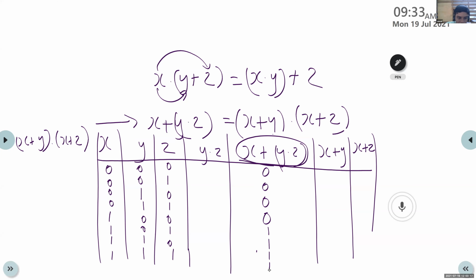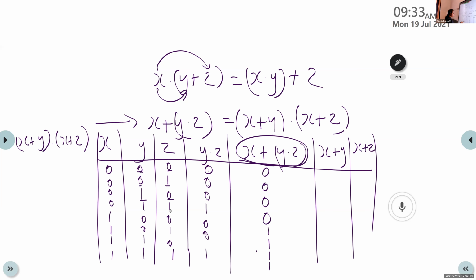Yes, ma'am. Okay. So what is the result of this y dot z column, Joel? Triple zero, one, triple zero, one. That is y dot z means y into z. That is 0 into 0, 0, 0 into 1, 0, 1 into 0, 0, 1 into 1, it is 1.